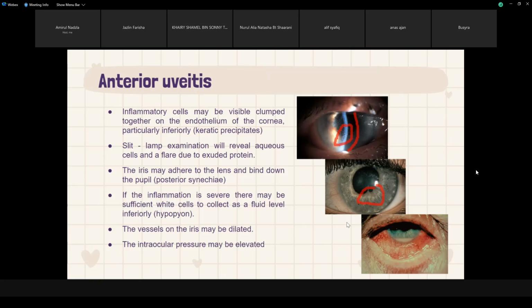You see the pupil is round and smooth, starting from 4 o'clock sampai ke 7 o'clock. Betul? Alright, and this part from 4 o'clock sampai 7 o'clock tu dia jagged. Dia tak smooth round dah. So this is where the pupillary margin is attached to the anterior capsule of the lens. Dia tak round dah sebab dia melekat dah.